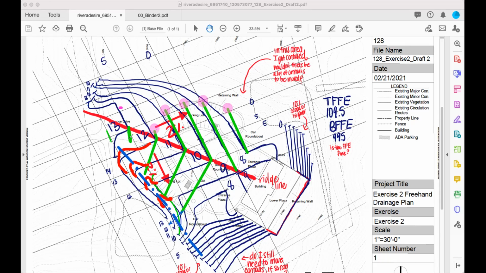Because we're not on the parking lot, the shape of that one does not have to go with your ridge line, does not have to go this direction. It can change according to what 13 is and what the lower one, the 10, would be. No, sorry, 11 would be.